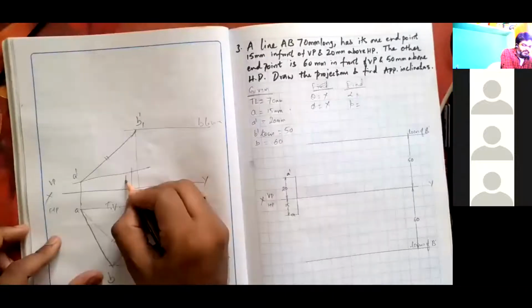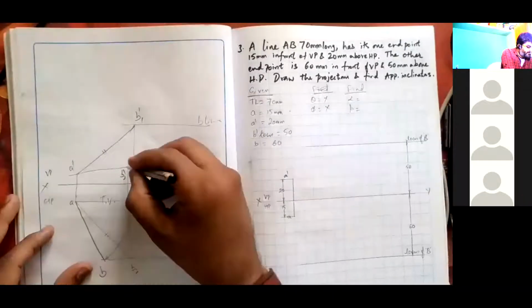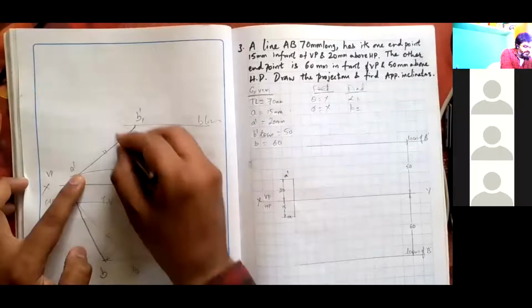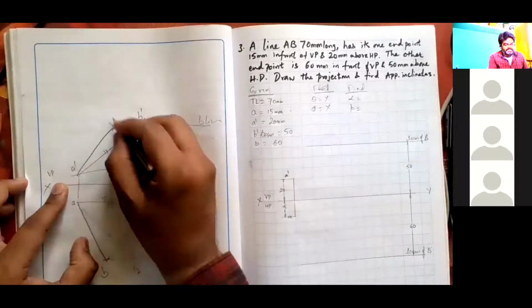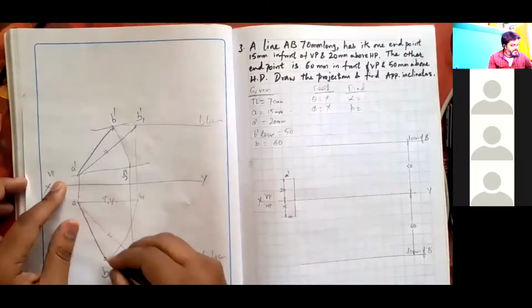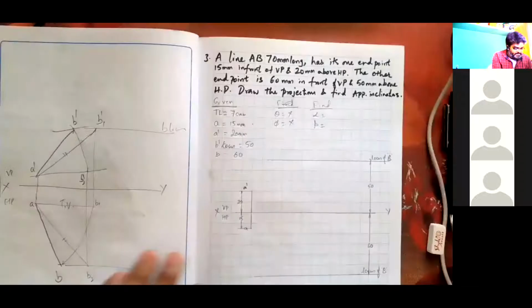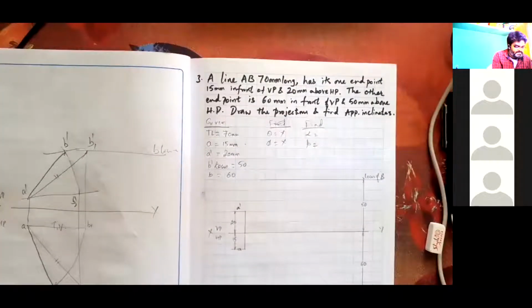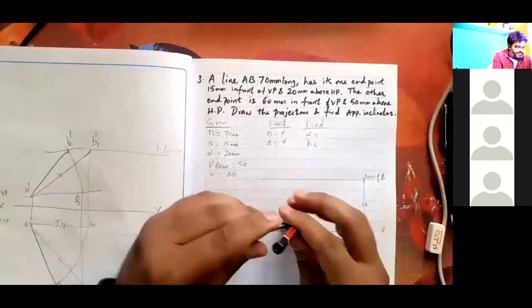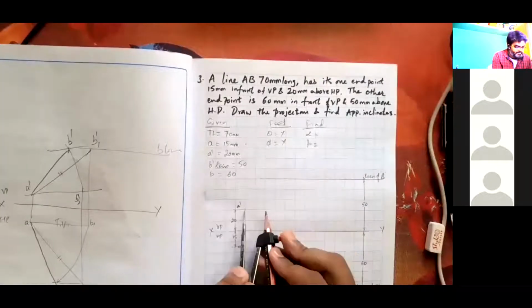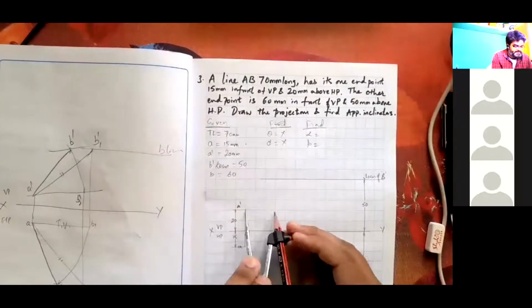Rotate A B2 dash towards here, you will get the front view B dash. So if B dash and B lie on the same line, your problem will be right. So I'll take 7 boxes or 70 mm: 20, 30, 40, 50, 60, 70.